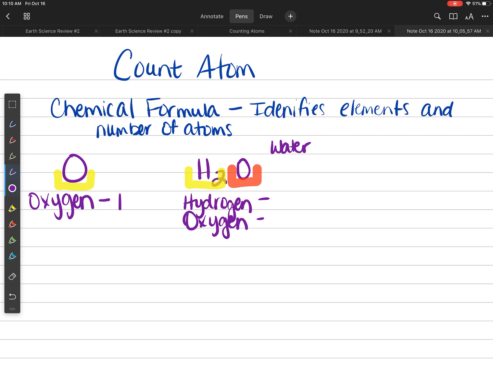And then you're going to try to figure out how much of each. So if we look at hydrogen, hydrogen has that subscript, that number 2 that follows it. Remember, a subscript is that small number, and it refers to the immediate symbol in front of it. So that 2 does not apply to the O, that 2 only applies to the H. So that means that we have 2 hydrogen atoms. And then we go to oxygen. Oxygen does not have a subscript.